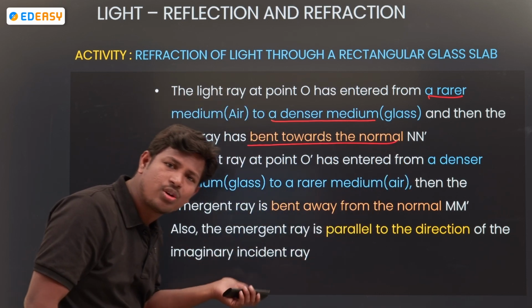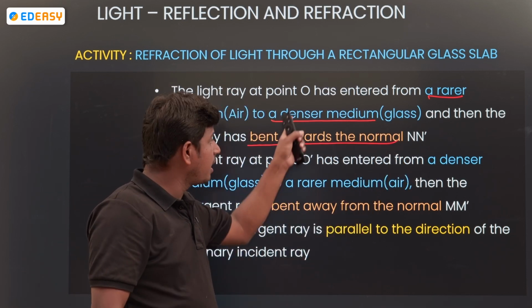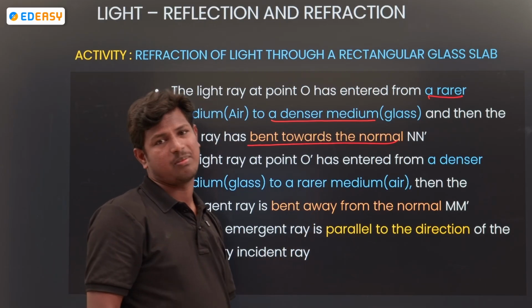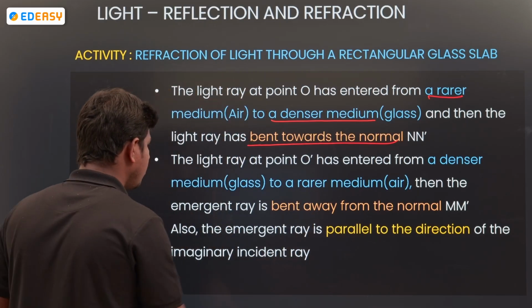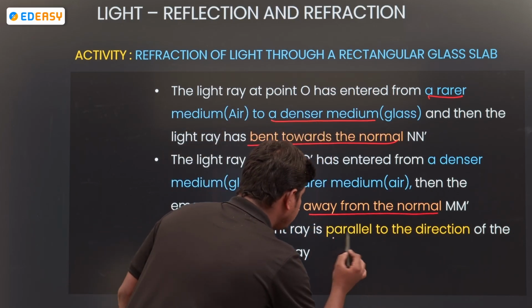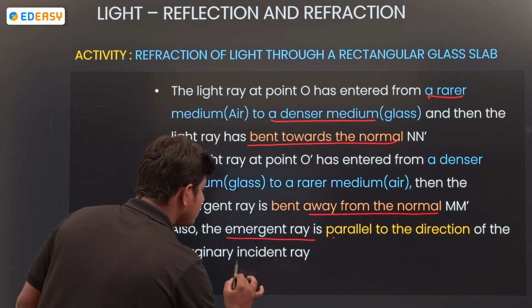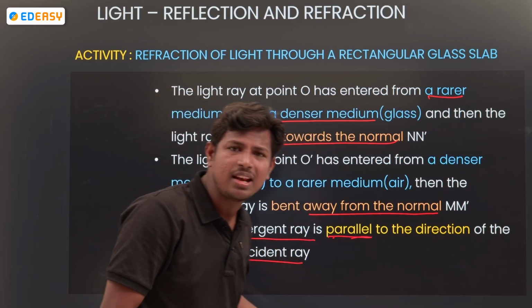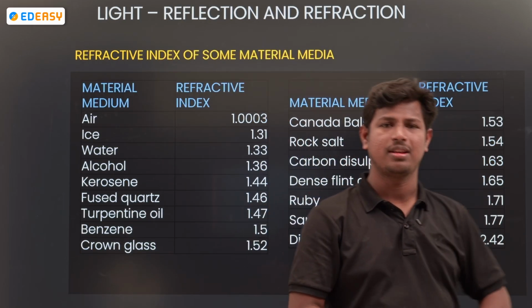We discussed that: rarer to denser towards the normal, denser to rarer away from the normal. How will the emergent ray and the incident ray be? Parallel to each other.